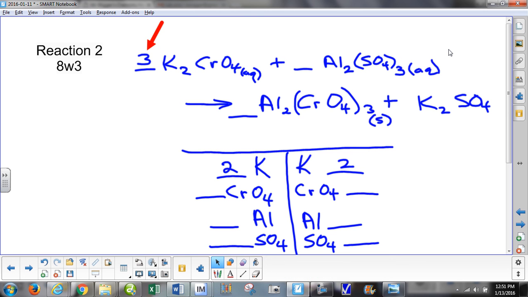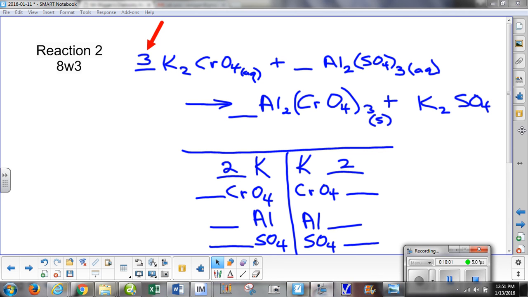When I did that, let's do the balancing in a different color. Once I do that, the chromates are in balance now, because I have 3 chromates here and 3 over here. But the potassium's just changed also.